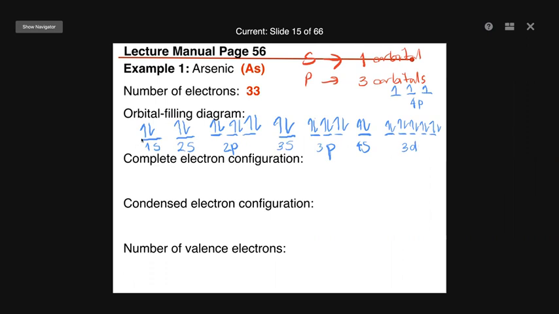But because we don't have enough space, we just write them on the same level. But note that in reality, all of these do not have the same energy level. They have a relative energy level. 1s would be the lowest, and 4p would be the highest in energy. Okay, so that would be.